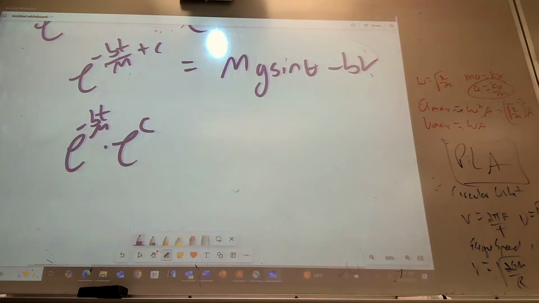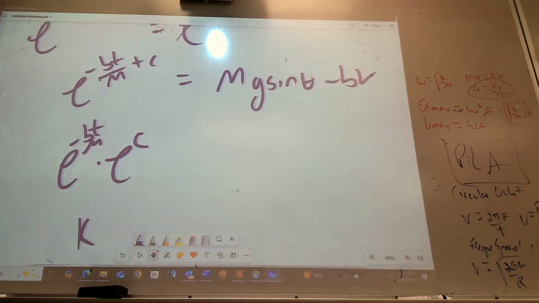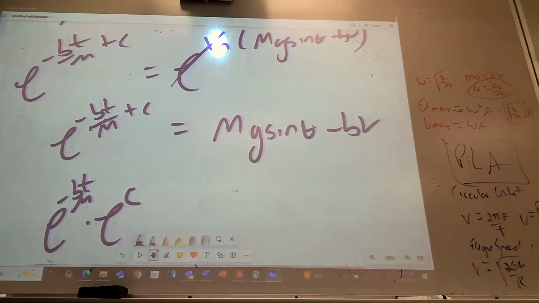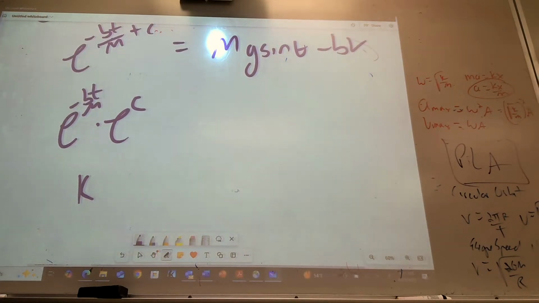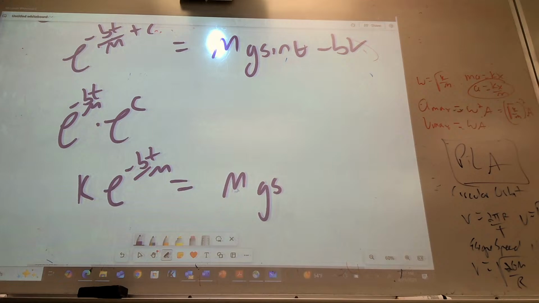Now, in order to not confuse it with the other C we're solving, we can call it a K. But you could have also just called it a C. So I'm going to write this now as K E to the minus bt over m is equal to mg sine theta minus bv.